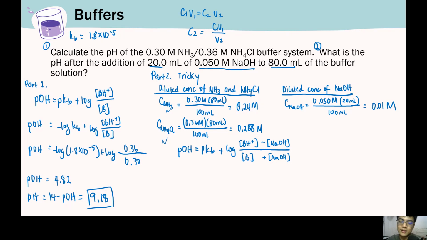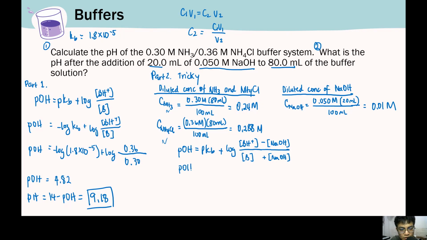Bakit madadagdagan uli? Kasi nga, sabi natin, the conjugate acid will be converted into a base with the help of sodium hydroxide. Okay? So, si sodium hydroxide yung dahilan. Okay? So, ganun lang. So, all we need to do is to plug in everything.